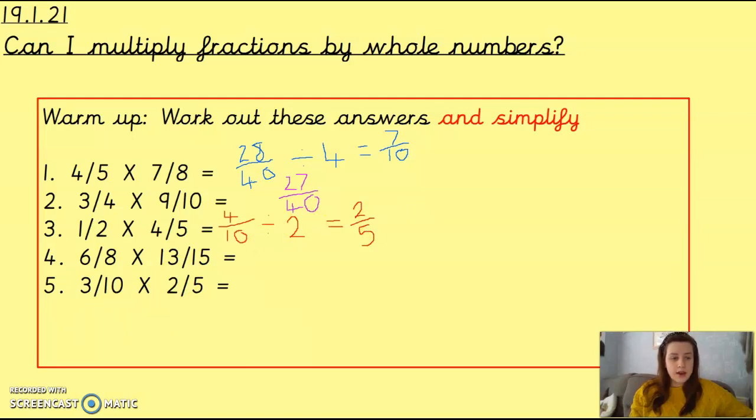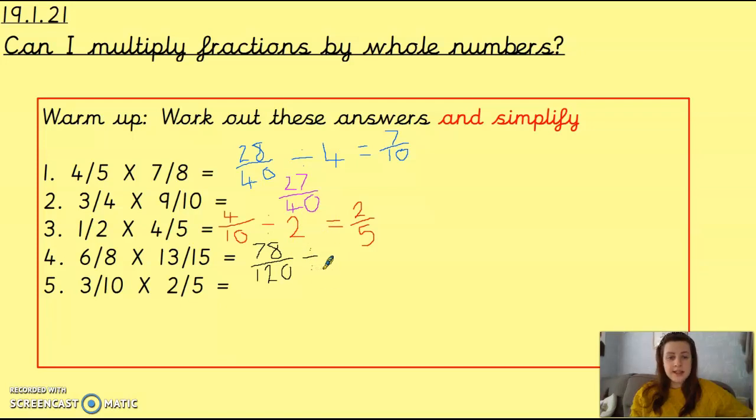The next one we've got, so we've got 6 times 13, so this is going to be a big number, would give us 78. And then we've got 8 times 15, another big number, which would give us 120. So this one might have been a bit trickier to work out our common factors, but I'm sure we all managed to do it.